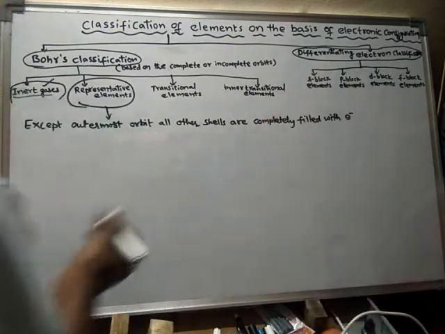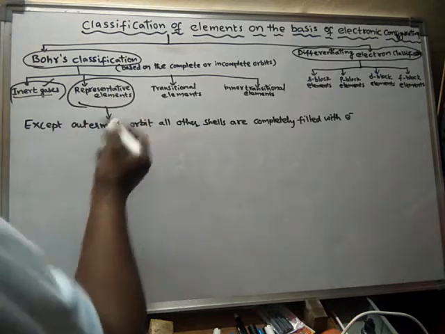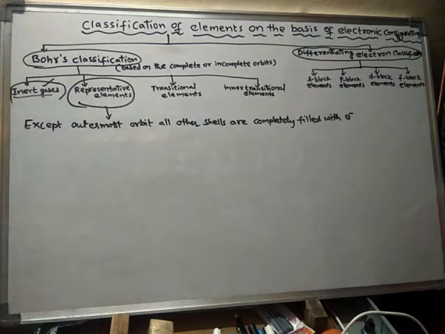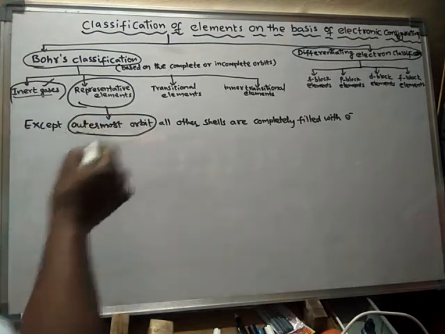So that means in representative elements, which shell is not completely filled? The outermost shell, the outermost orbit, is not completely filled.